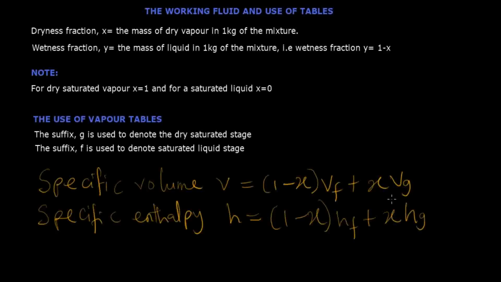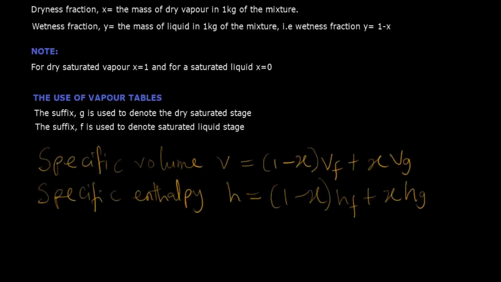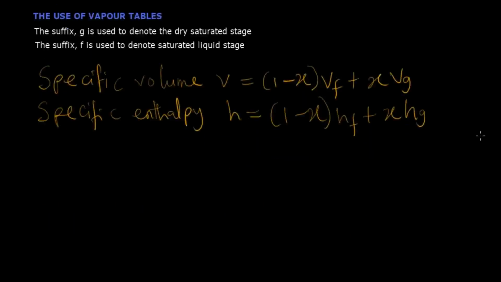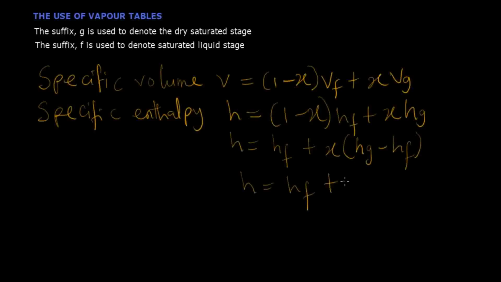We can also write this formula as h equals hf plus x (hg minus hf). This gives us hf plus x hfg. So at the end of the day, we have this.